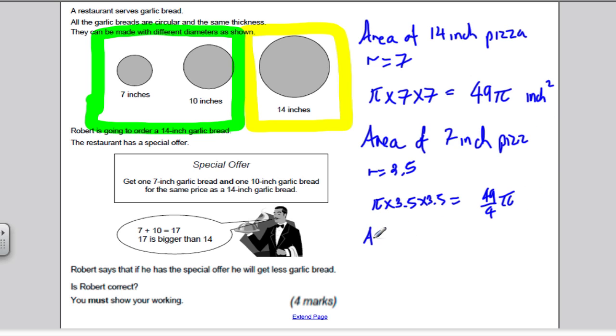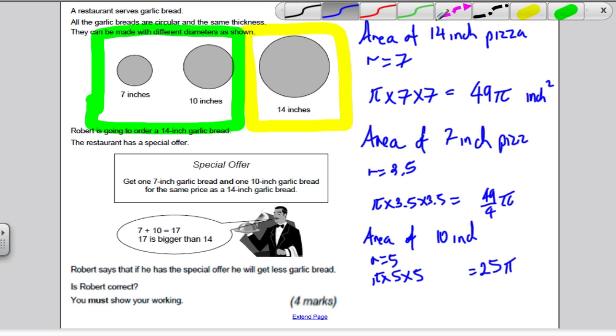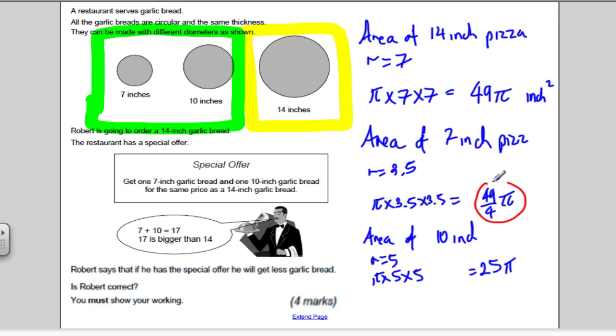And for the area of the 10-inch, r would be 5, so you would get pi times 5 times 5, which is 25 pi inches squared. So if you add this one to this one and work it out as a decimal, the two add up to 117 inches squared.